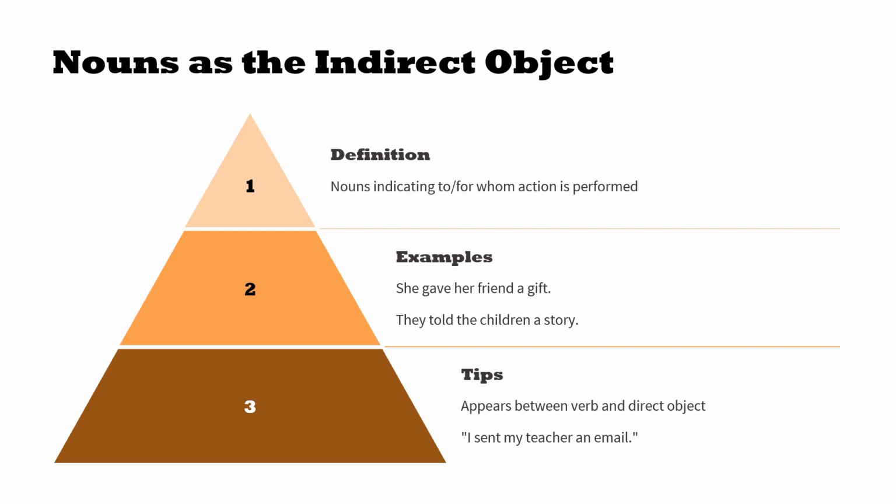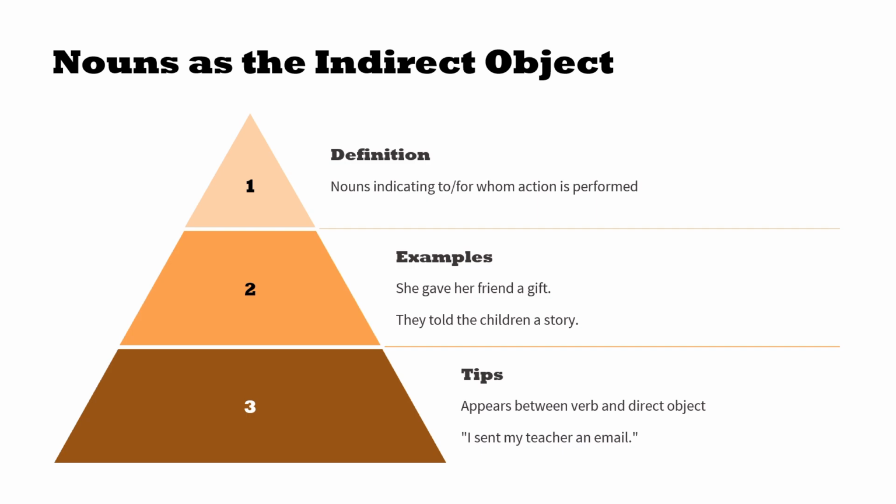Okay, so how do you identify an indirect object? So here's three simple tips. Okay, so the first thing to do is to look for the verb. The second is to find the direct object by asking what or whom. Then the third step is you ask to whom or for whom. So for instance, in the sentence, I sent my teacher an email, the verb here is sent. The direct object is an email, right?